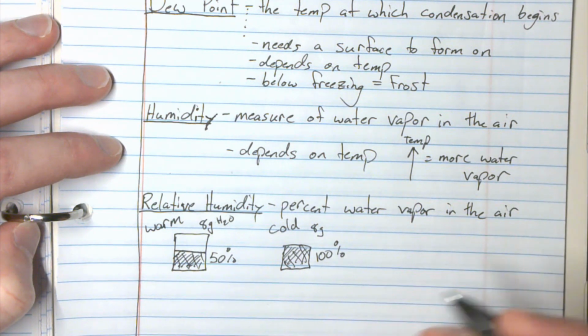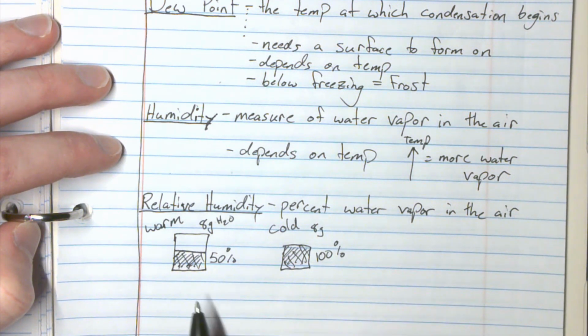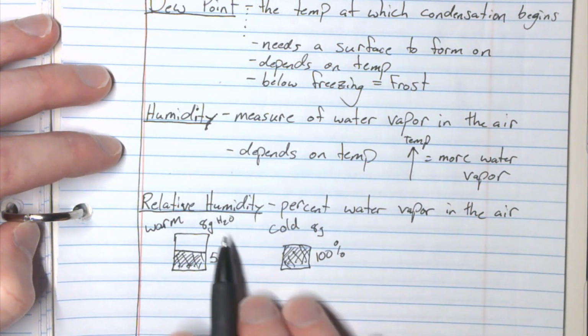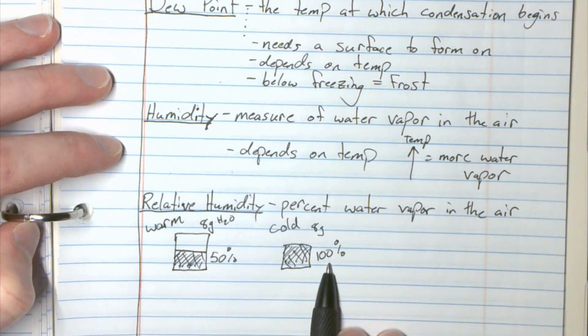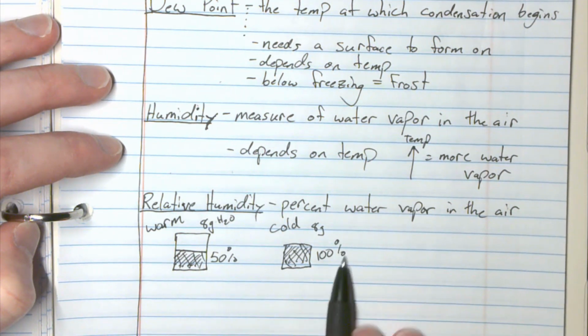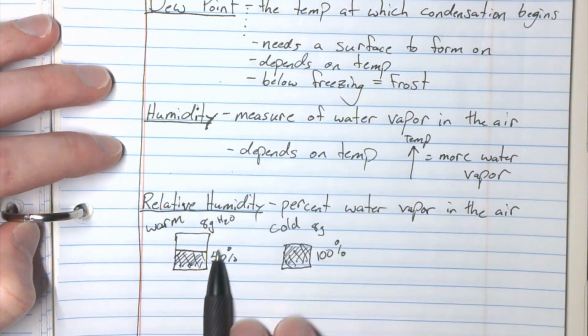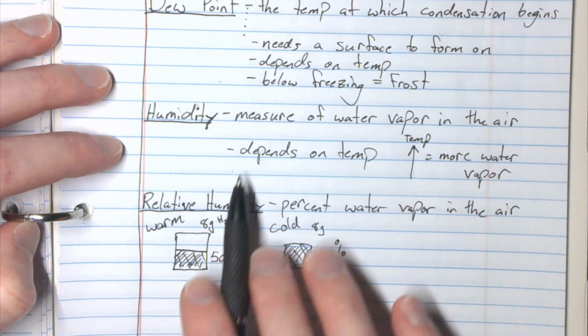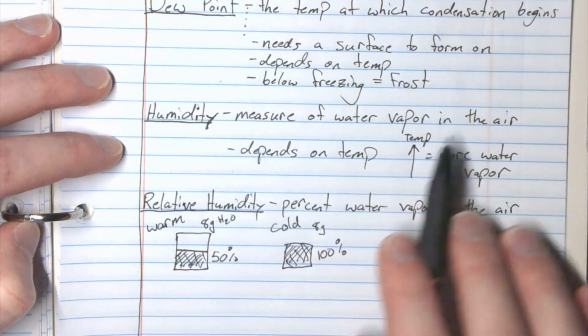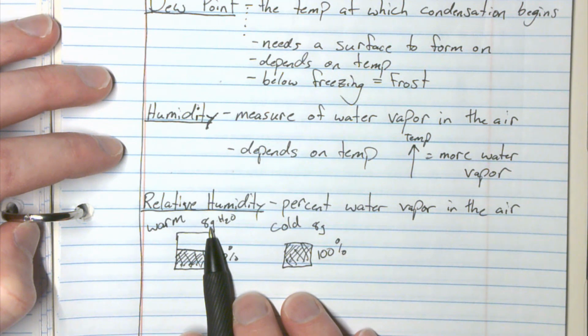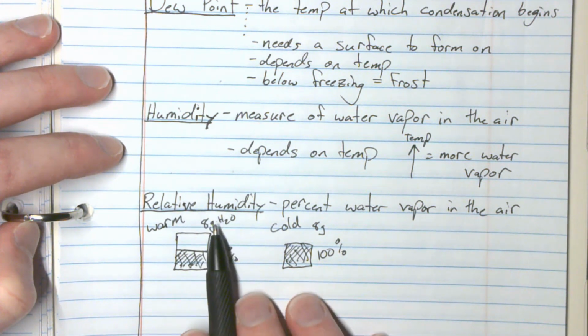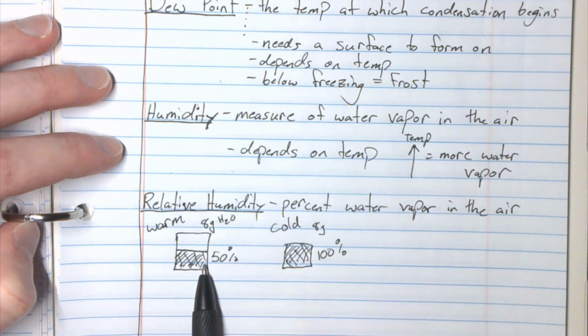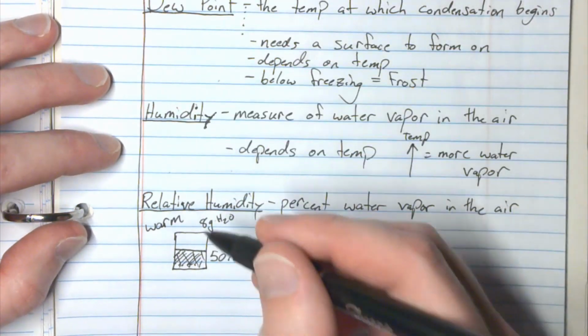So it's going to feel more moist. So that's relative humidity. So they'll tell you, oh, the relative humidity outside is 100%. It's going to feel really, really moist out. Whereas if it's a really hot day, it could still have a higher measure of water vapor, like 8 grams or 20 grams even, something like that. But it might not feel as bad because it's warm out. So that's dew point, humidity, and relative humidity.